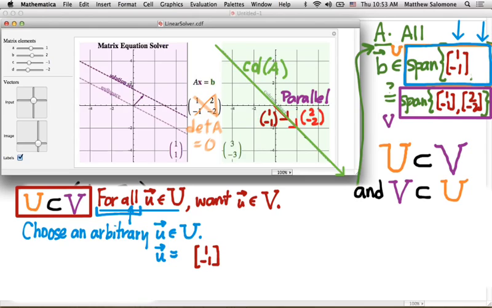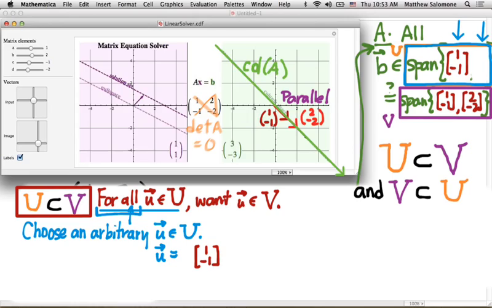What does span mean again? We've lost our matrix here. We're just looking at a couple of spans of a set of vectors. But what does span mean in the first place? It's the set of all linear combinations of, in this case, just the vector (1, -1).